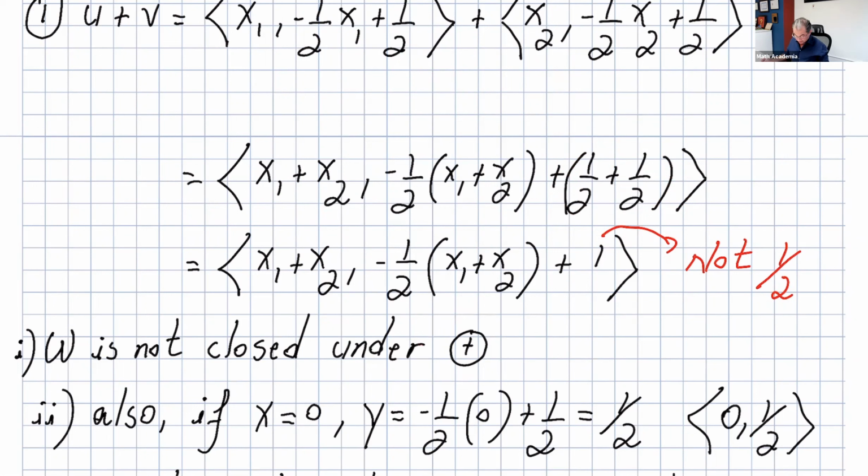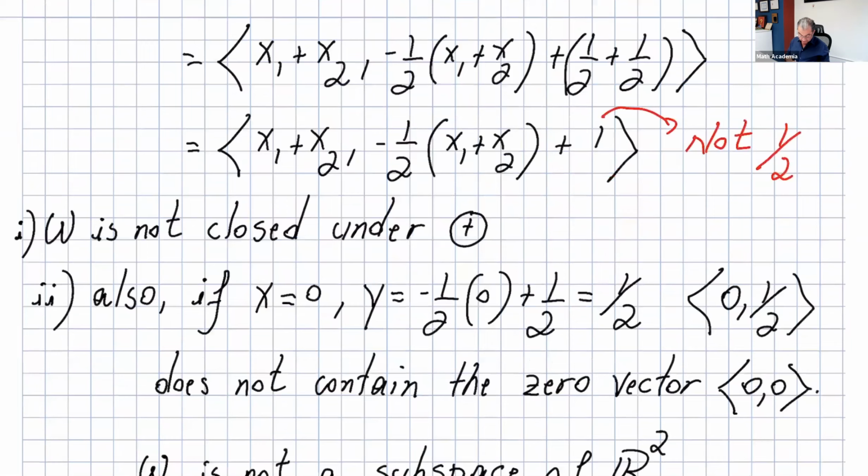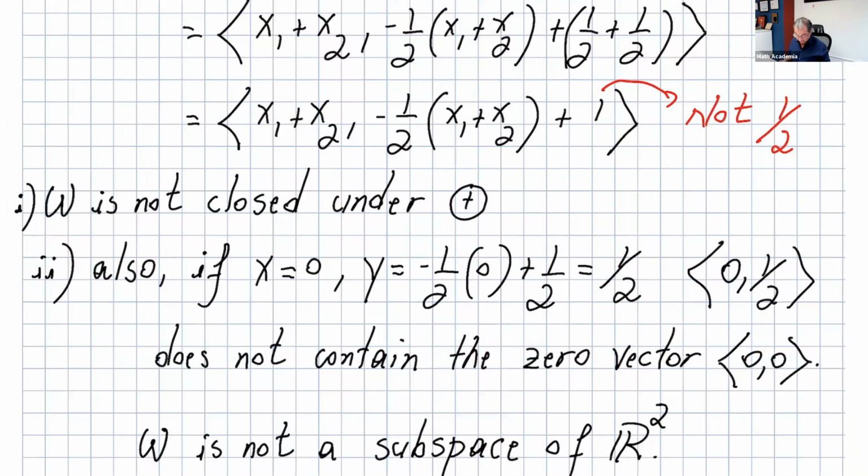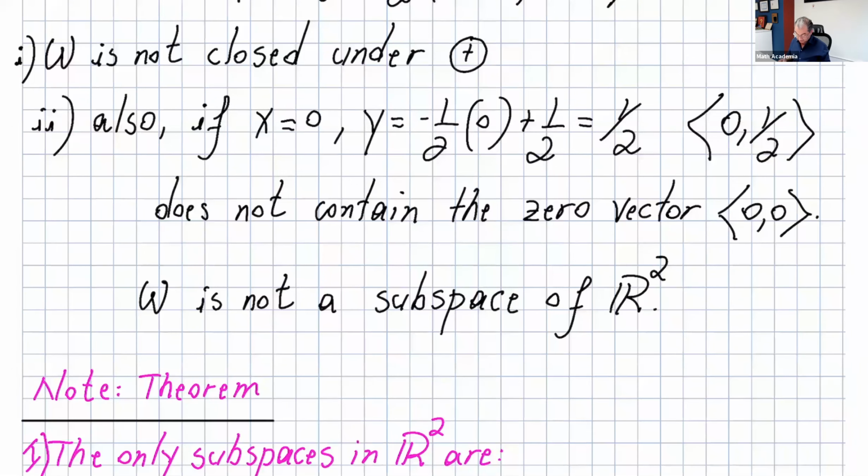So you can stop right there and say it's not a subspace. Another way of proving this: if x equals 0, then y is going to be 1/2. So we get (0, 1/2), which does not contain the 0 vector. That's another way you can show that W is not a subspace of R2.